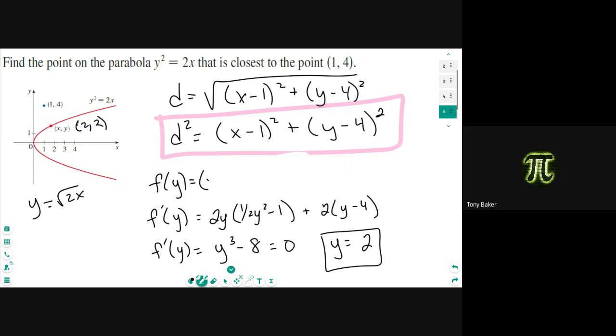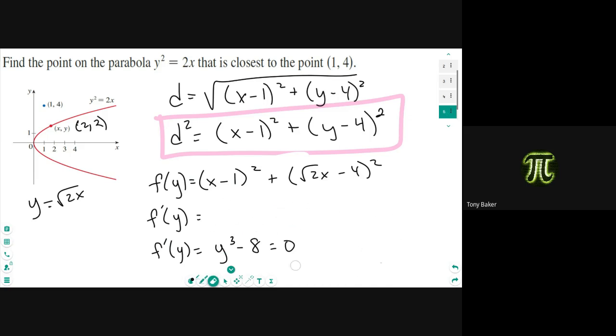This becomes x minus 1 squared plus square root of 2x minus 4 squared. So this one just becomes 2x minus 1 plus that's the square root of 2x.